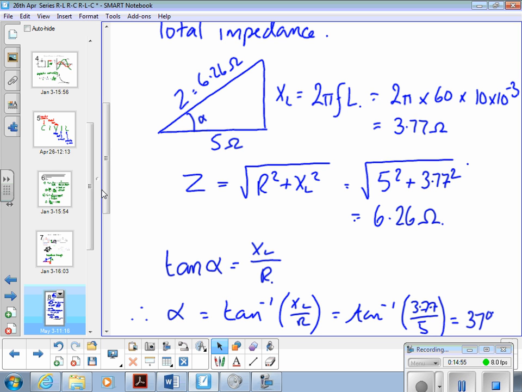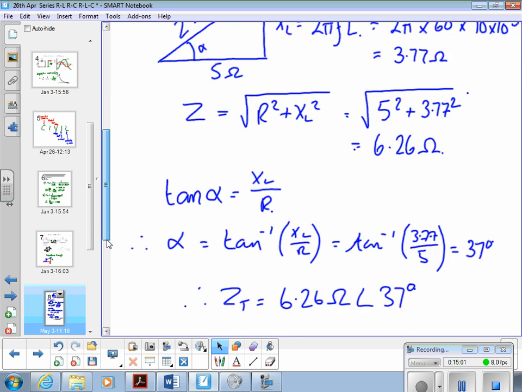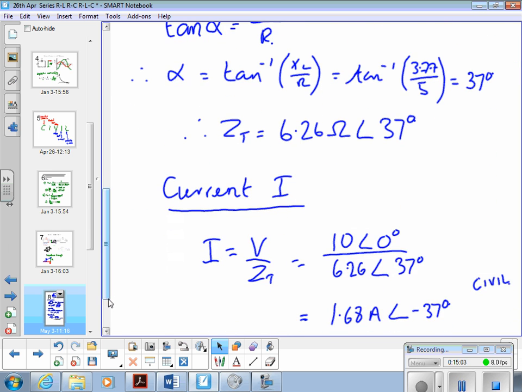So what happens to the current if the magnitude of Z has got bigger and the angle's increased, assuming the voltage stays the same? Current will be smaller, and more out of phase.